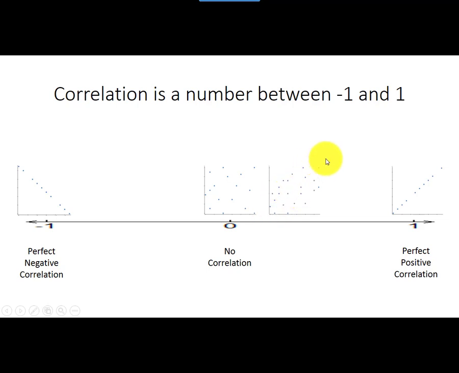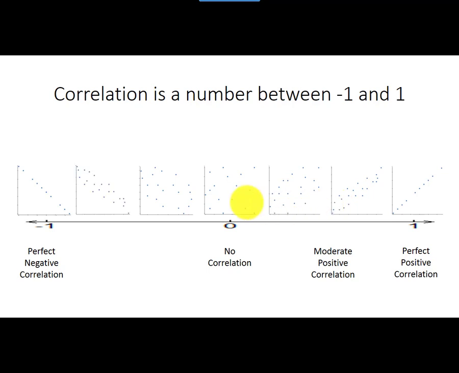Now these dots are very cloud-like and spread out, but as you can see, there is a general trend here from the lower left to the upper right. And as we move further out, the dots are starting to get closer and closer to an imagined line. So that's what it means when you go from the middle of this interval out to the edge.